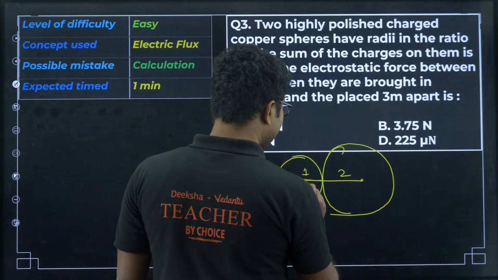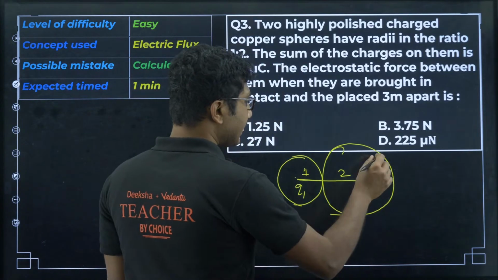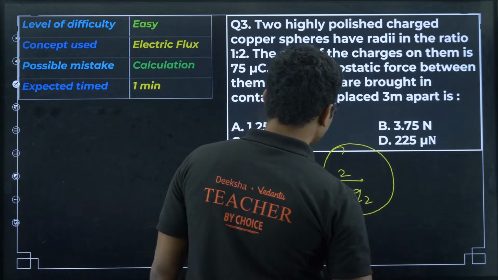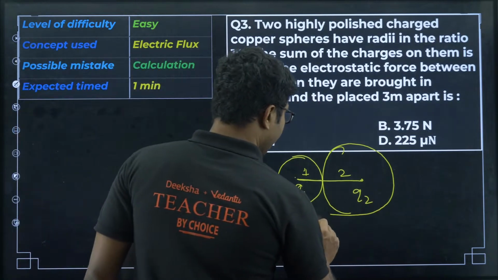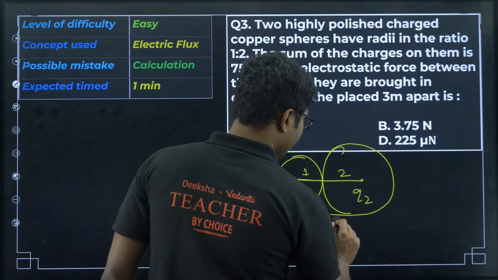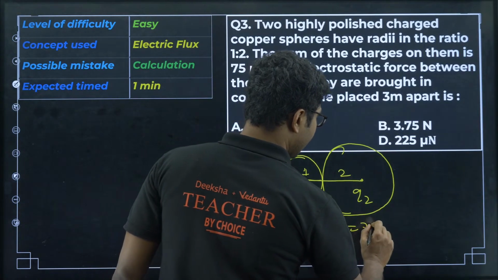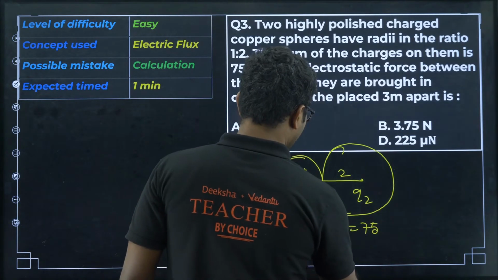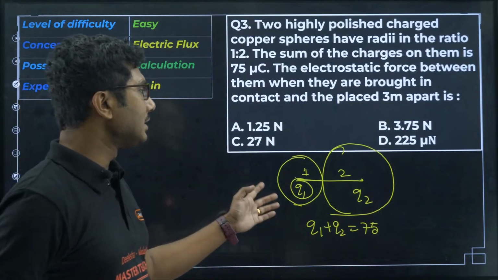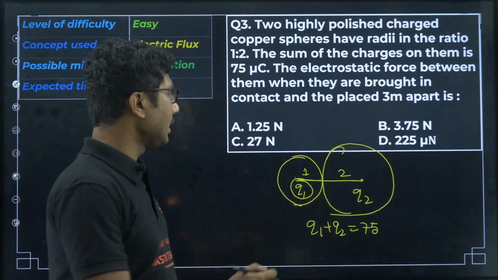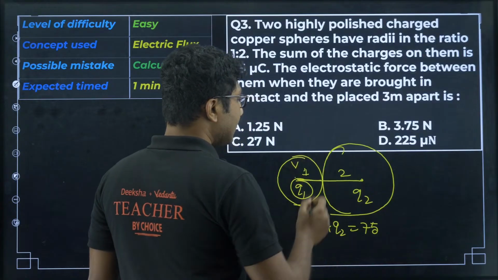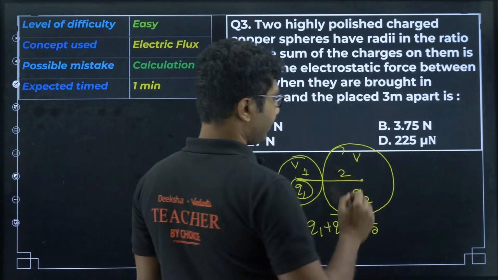So if this gets a charge, say Q1, and this one gets a charge, say Q2, the total charge will be Q1 plus Q2, that is equal to 75. Now Q1 and Q2 are distributed such that the potential of this surface is equal to the potential of the other surface.